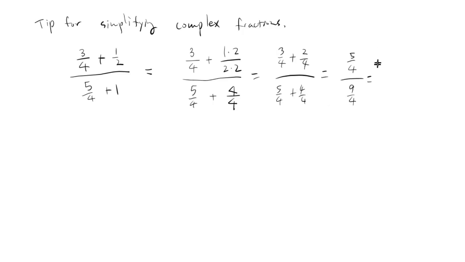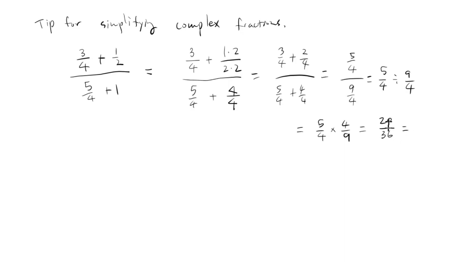And then we use the trick that division is the same thing as multiplying by the reciprocal, 4 over 9. And then you multiply top to top, bottom to bottom. 5 times 4 is 20. 4 times 9 is 36. And then you realize, well, 4 goes into 20 evenly, and also into 36.